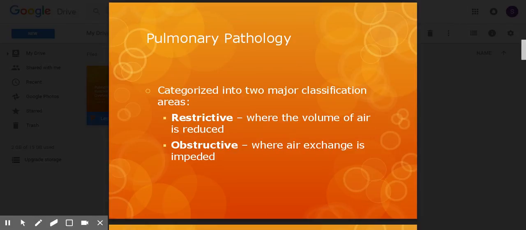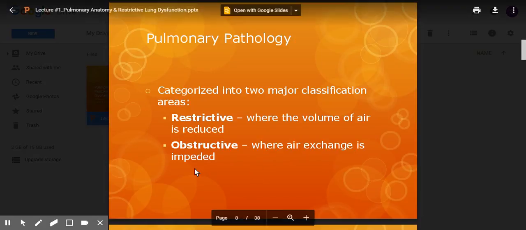We're now ready to begin talking about Chapter 5 and pulmonary pathology. The first type of pulmonary pathology is referred to as restrictive, and this is defined as where the volume of air is reduced, while obstructive pulmonary pathologies are defined as a condition where air exchange is impeded.